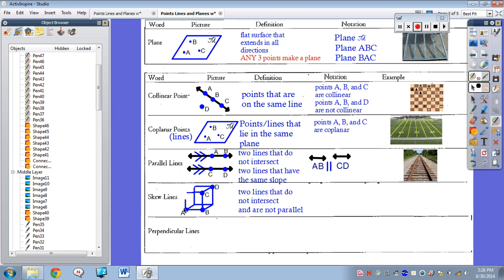An example we can look at: if you take this cube and you're looking at line AB right here and line CD right here, CD and AB are definitely not parallel. This line right here and this line right here are parallel. So they can't be parallel, and this line does not intersect this line.